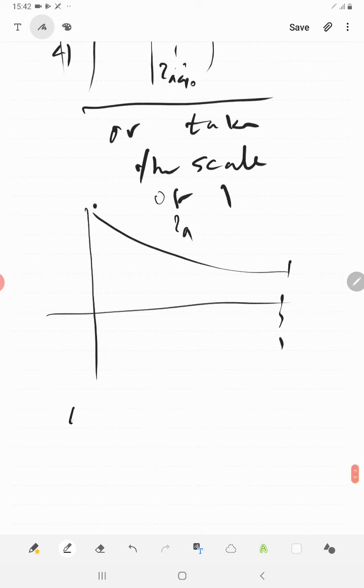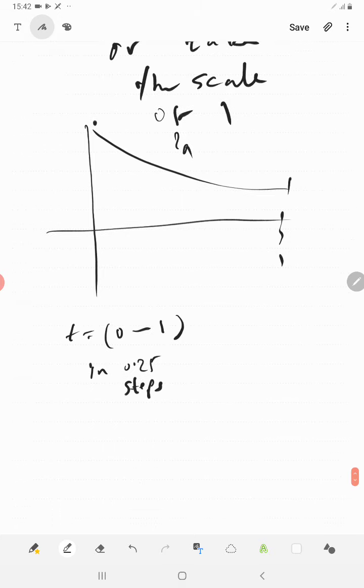Take t equal 0 to 1, and for example, 0.025 steps, right? Or 0.02 steps.